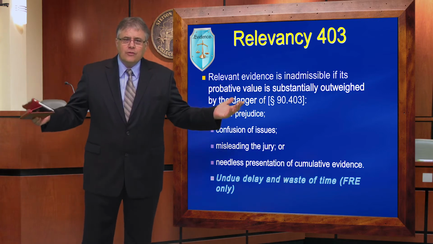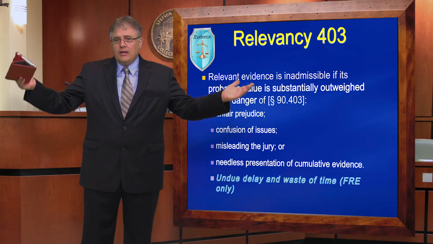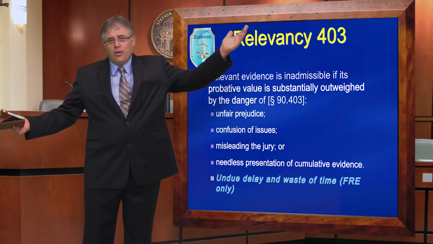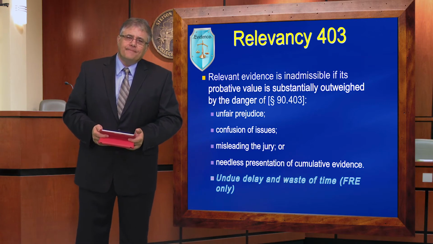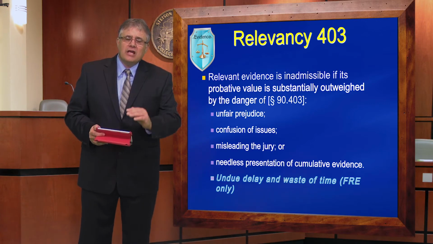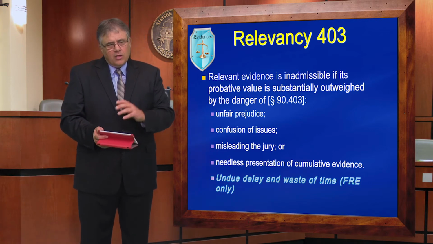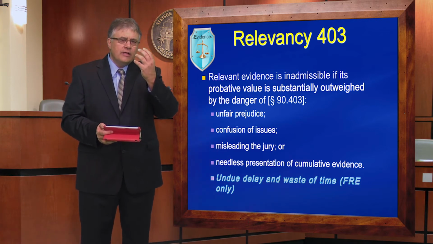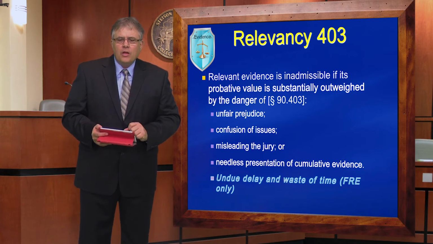And I weigh these two, and the probative value has got to be substantially outweighed by, which means that on the scale, the probative value is relatively slight and the danger is relatively high. It's a standard that cuts in favor of admissibility, all other things being equal. So that sort of gets relevancy cemented into our heads so that we understand it properly going forward.